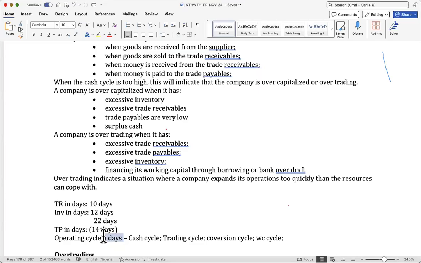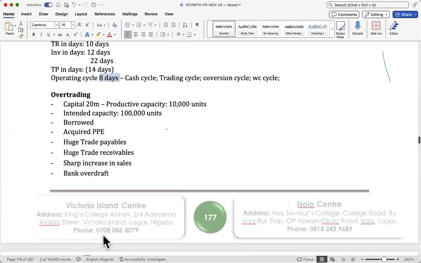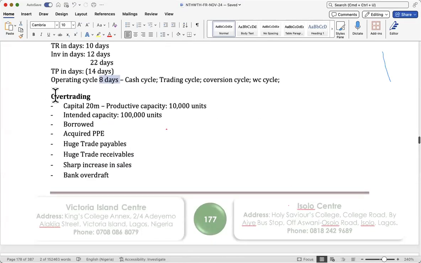What do they mean? What is overtrading? What is overcapitalization? Let me start with overtrading, which is the one you find in the exam. So I will paint a scenario for you for overtrading. I'll actually paint two scenarios. Number one, let's say an entity has a capital of 20 million naira.